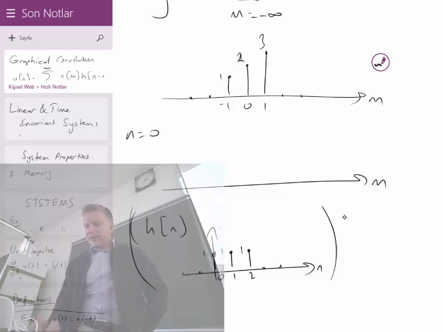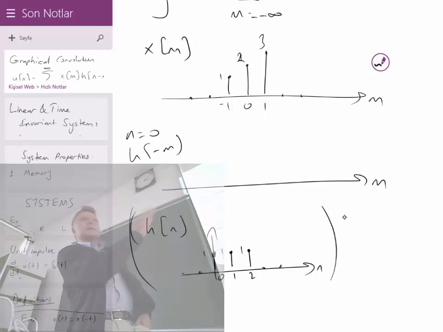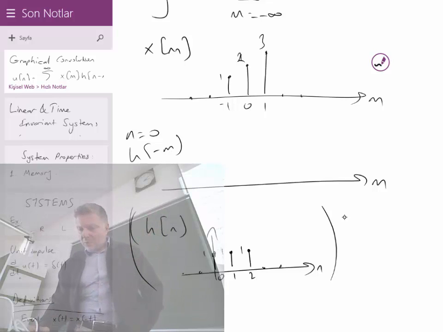This is x of m. How does h of minus m look? It must be flipped towards the negative side, which will give you 1 here, 1 here, and 1 here. Oh, sorry, the axis is a little bit incorrect. This is the 0 axis, right? So 1, 1, and 1.